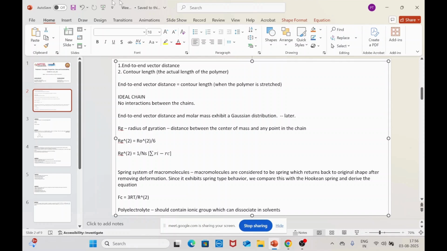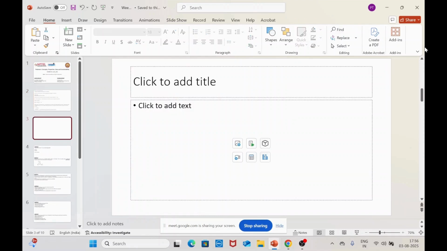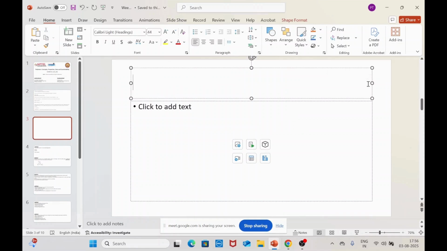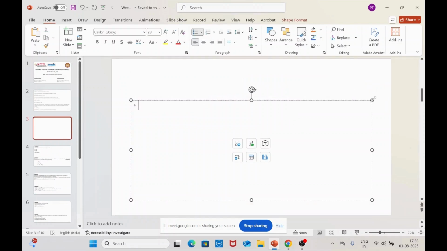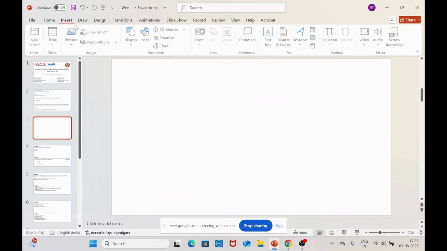So it has a name, if you can actually go on the internet and check. Nafion is a commercial name which was given by a company called DuPont.